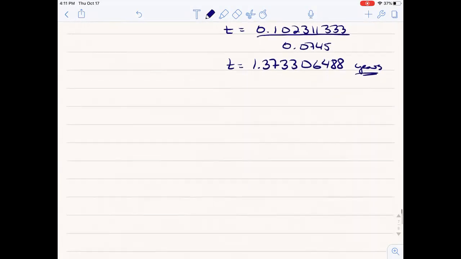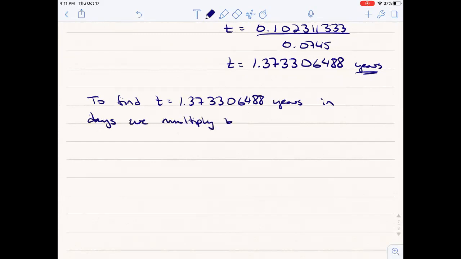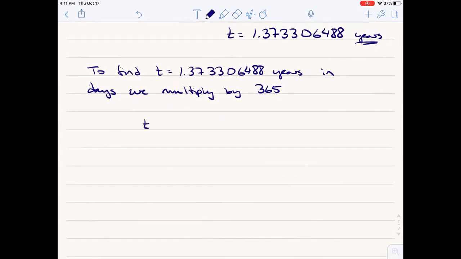So to find t equals 1.37330648 years in days, we multiply by 365. So t is 1.37330648 times 365. That's not actually true. That's not t, that's days between dates.